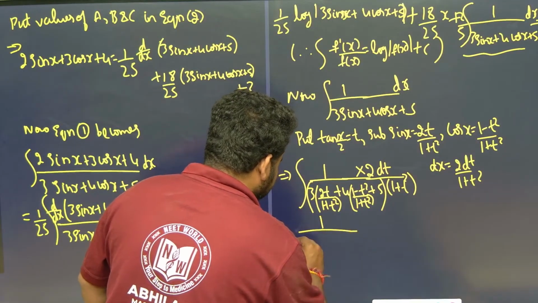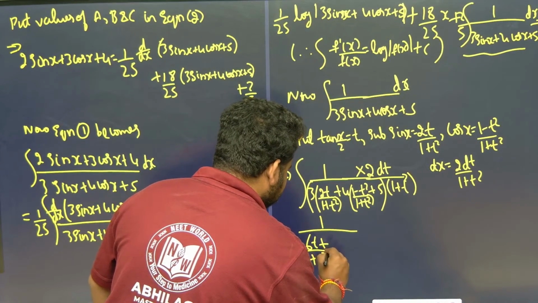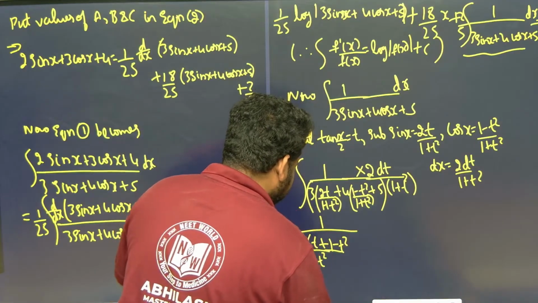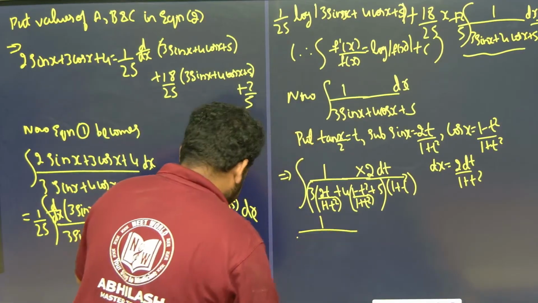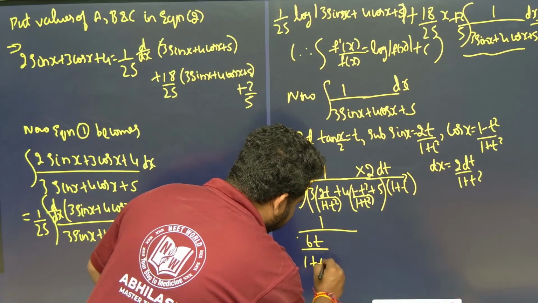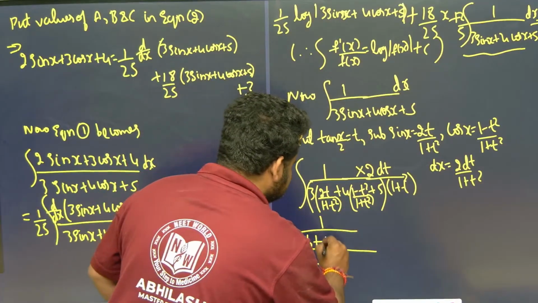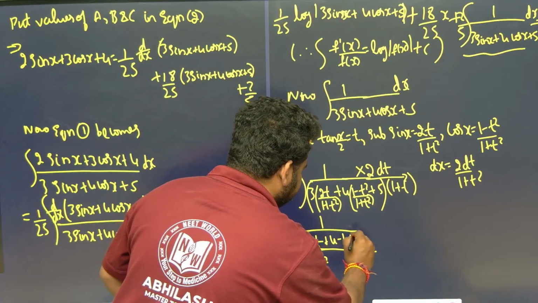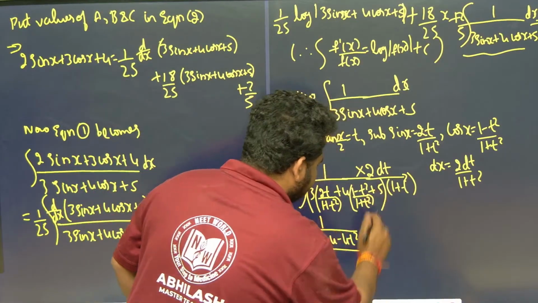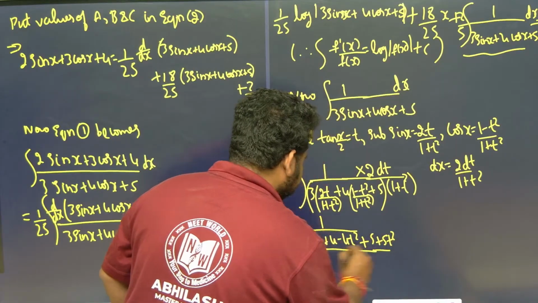Now if I take the LCM, this will become 1 by [6t plus 4 minus 4t square plus 5 into (1 plus t square), that is 5 plus 5t square], all over 1 plus t square.